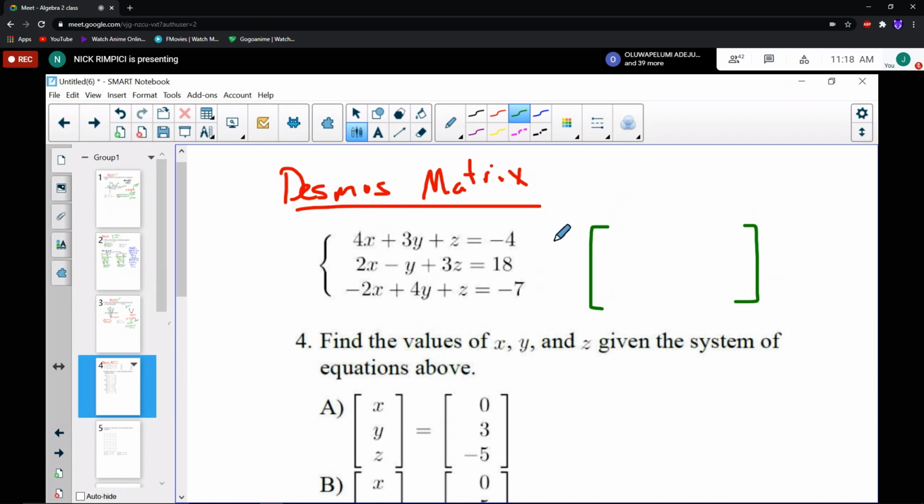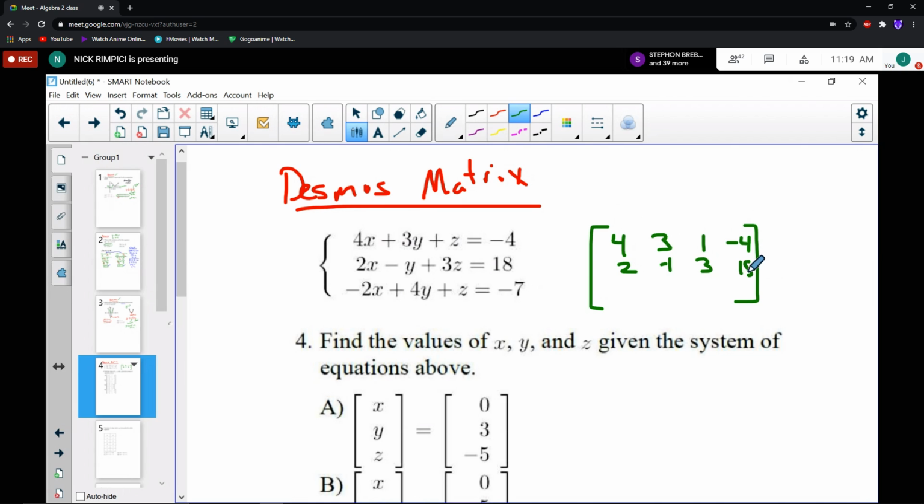I'll do the top line, and then I'm going to have somebody else do the second and the third row. So the first row for the matrix is going to be 4, 3, 1, -4. Somebody want to give me row 2? 2, -1, 3, 18.